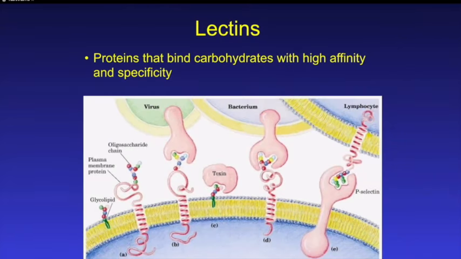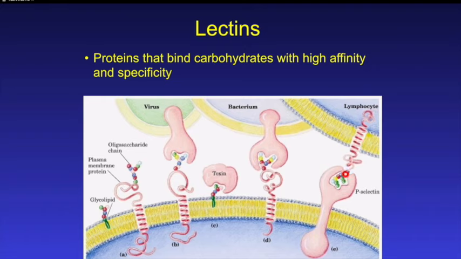And again, here's a slide about lectins, high affinity and specificity. Again, we have important interactions between lymphocytes and these sugars that are on the outside with a lectin, in this case P-selectin, which is a way in which immunity works.